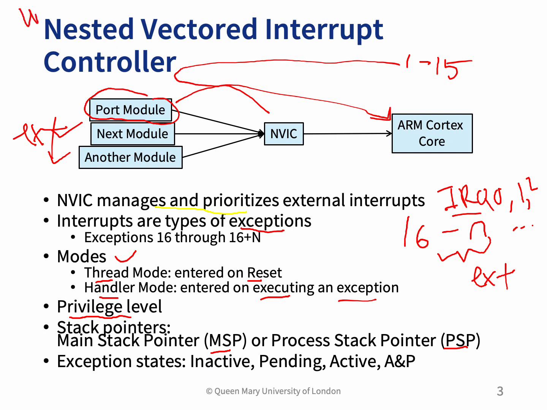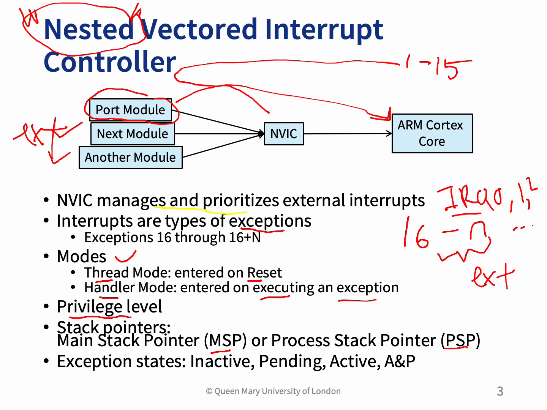You can see the keyword here, nested, that provides the key definition, right? The term nested basically refers to the fact that inside the NVIC, there will be a number of interrupts. The interrupt is not only one or two, it can be hundreds or thousands more.